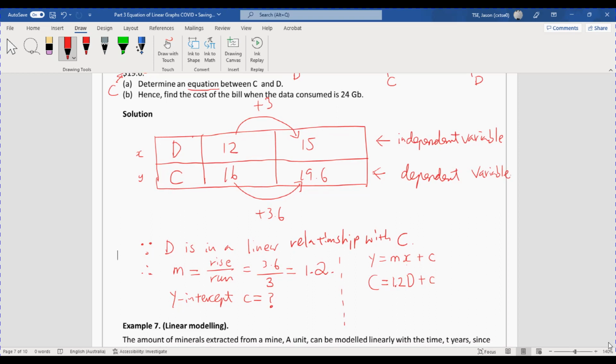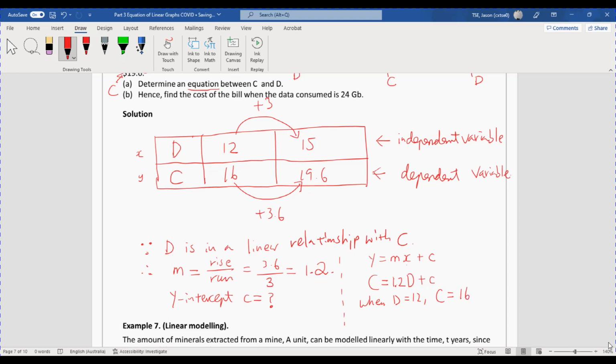All right, and how to find that lowercase c, which is the y-intercept? You need to substitute a pair of values, like D equals 12. When D equals 12, the capital C equals 16.